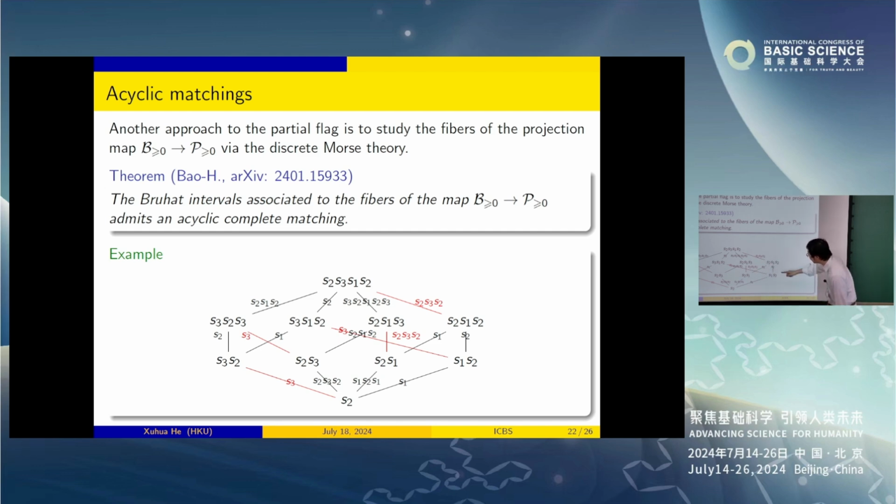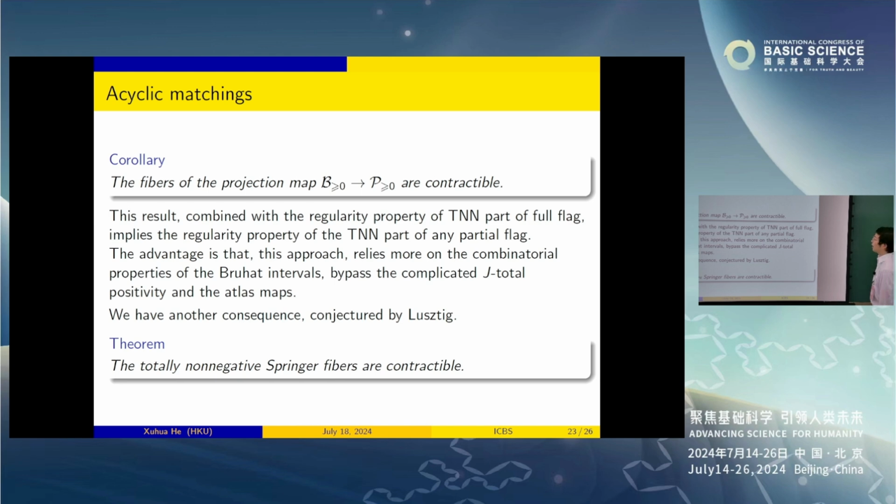So you can see two different colors there, black and red. The red one just indicates the matches. As a consequence, we know the fibers of this are contractible. Together with the other properties, the regularity property of the full flag, this is the thing we need, and this would imply the regularity for the partial flag.